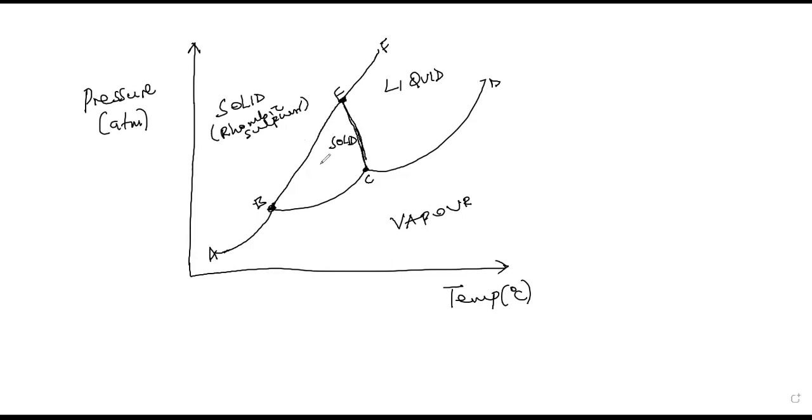But when rhombic has been converted to monoclinic sulfur, so this is monoclinic sulfur. All right, so here we shall have imaginary lines, which I will explain. So I'm going to call this one point X, this one point Y, and this one point Z.